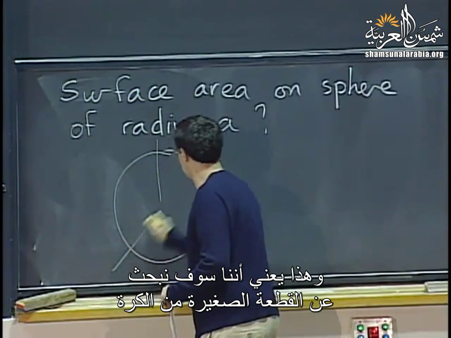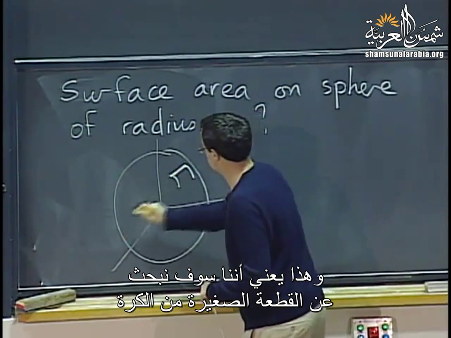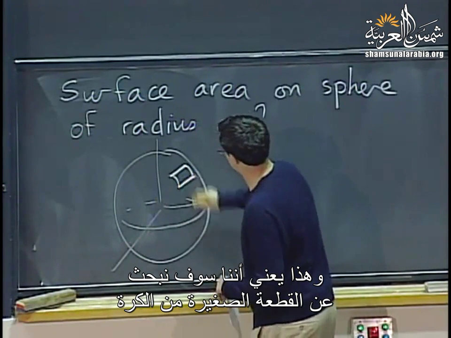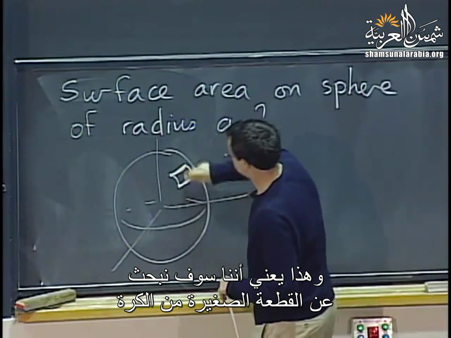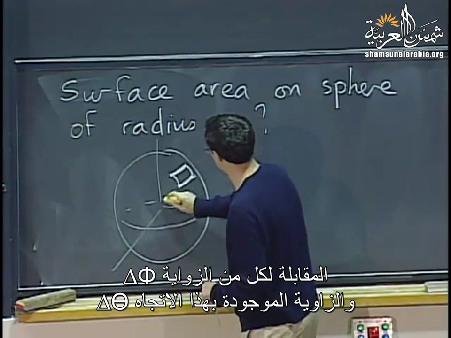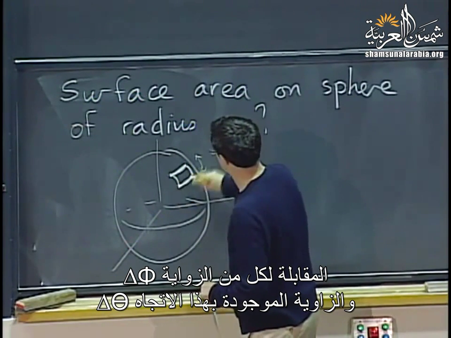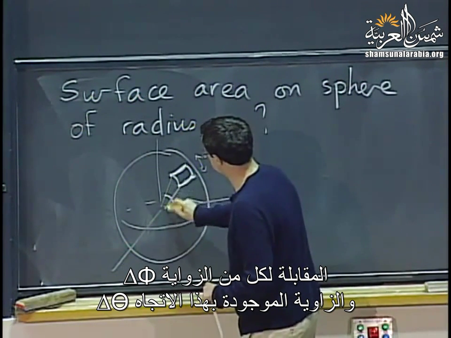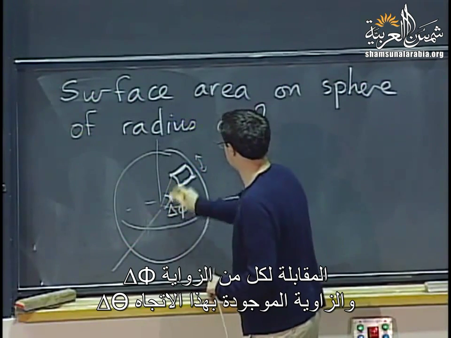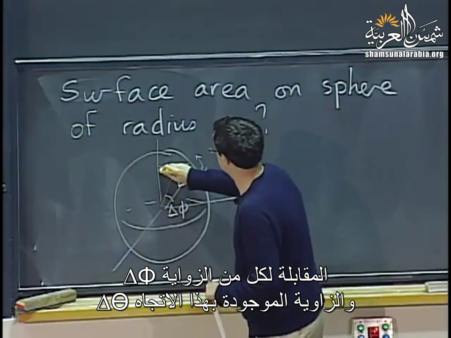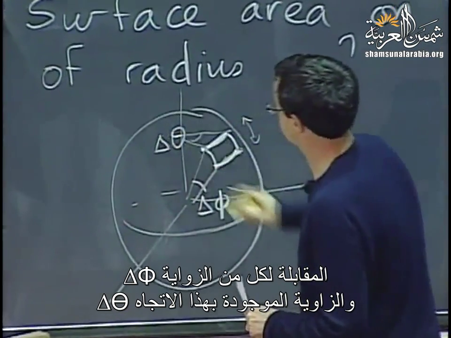That means we'll be looking at a little piece of the sphere corresponding to angles delta phi, and in that direction here, delta theta.